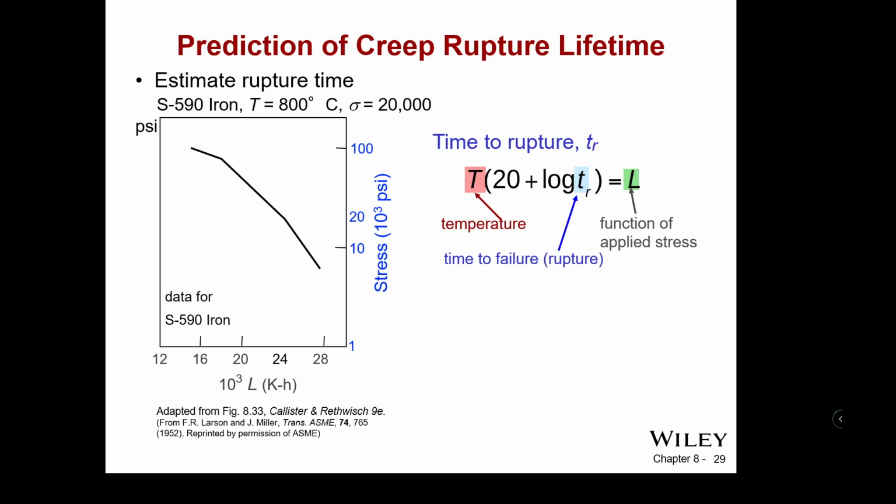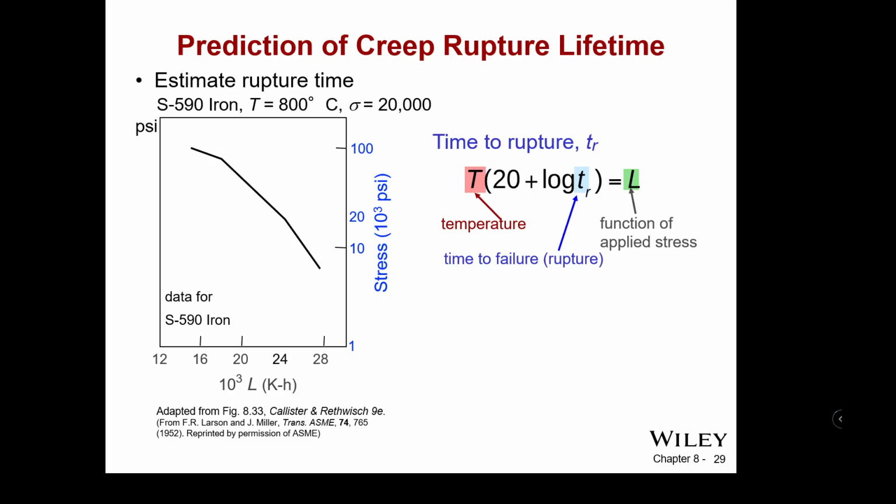So understanding how to predict the creep and rupture lifetime gives some sense of what's actually going on here. So the estimated rupture time for something like an S590 iron, given 800 C as our temperature and given the stress of 20,000 psi, is, this is an interesting length of time.